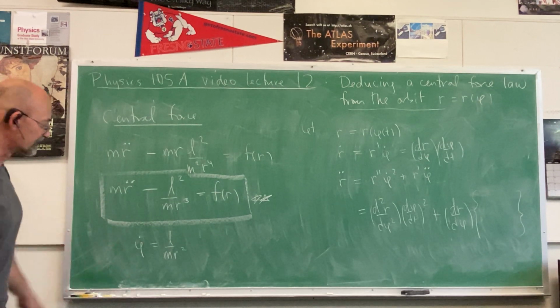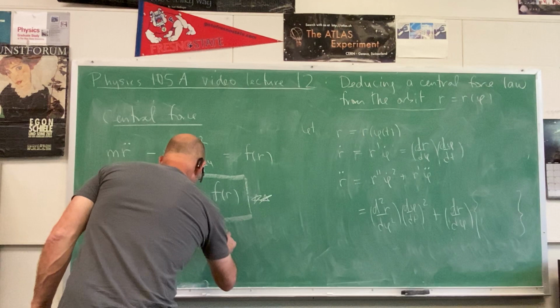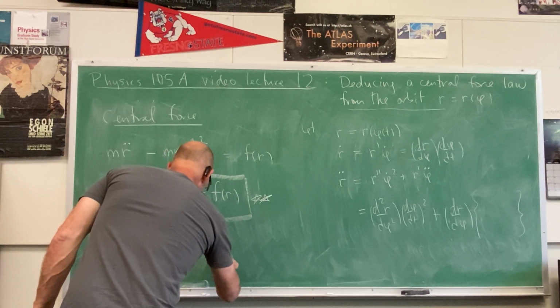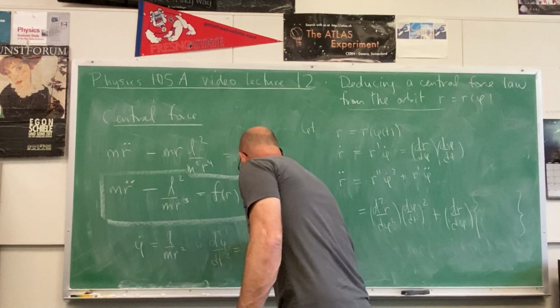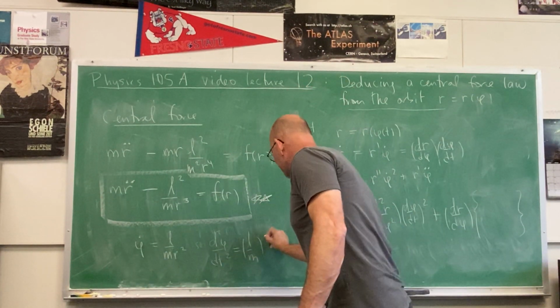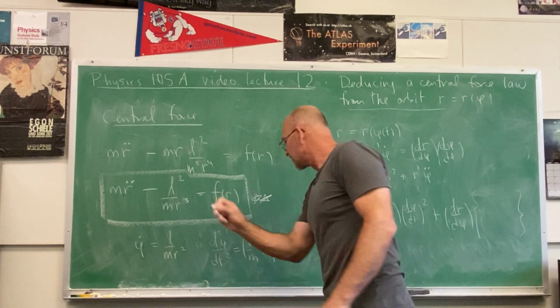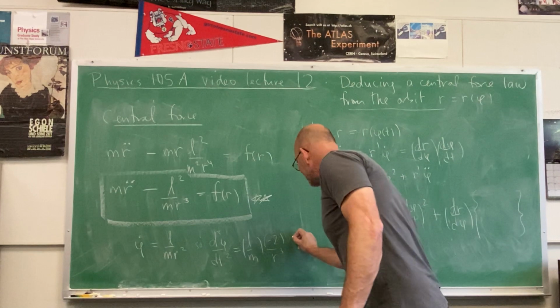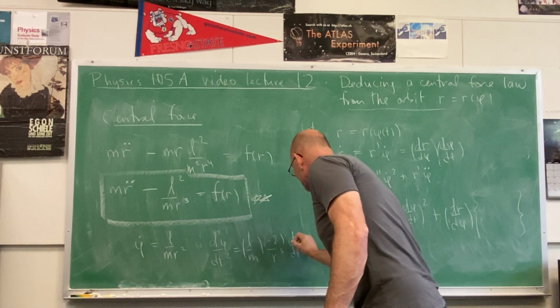So now if I want to take the time derivative, I have d squared phi dt squared. Then I'm going to have L over m. I've got a 1 over r squared, so that's minus 2 over r cubed. Chain rule gives me a dr dt.